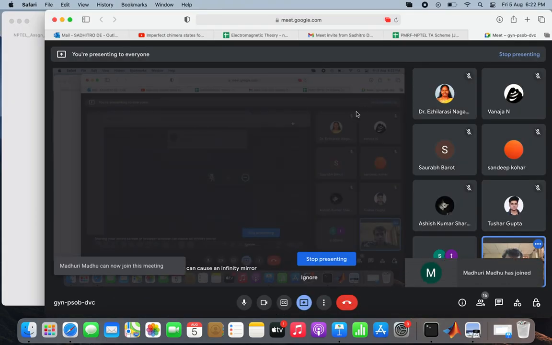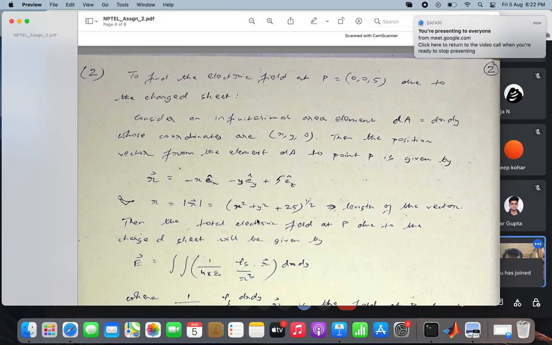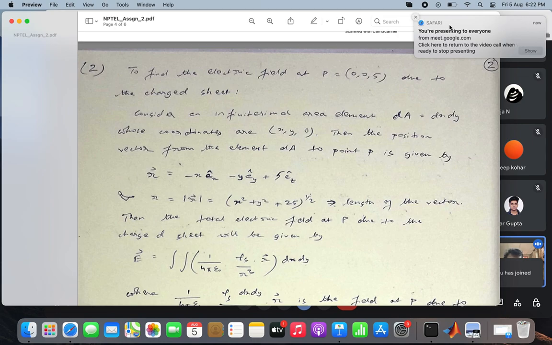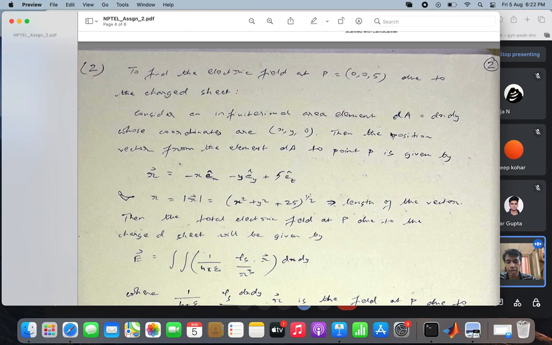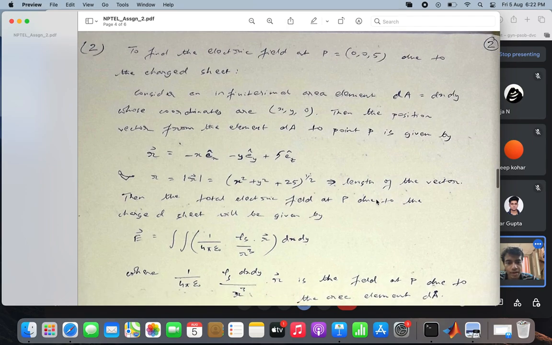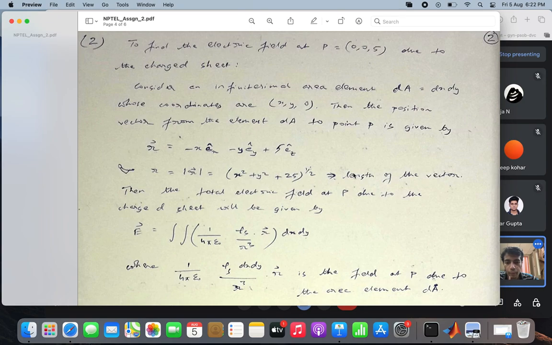Right now we have a sheet instead of a point charge, so we can consider the sheet to be made up of an infinite number of point charges. Then we calculate the electric field at point P due to each and every one of these point charges and add them up. So we have to do an integral over all these small contributions to get the entire electric field. Is this part clear, what I said right now?